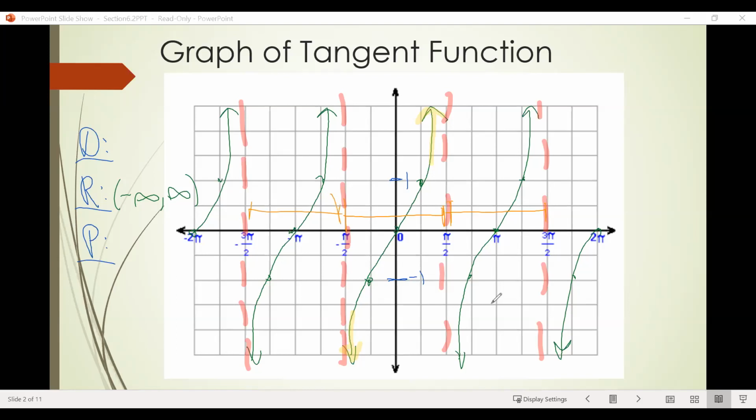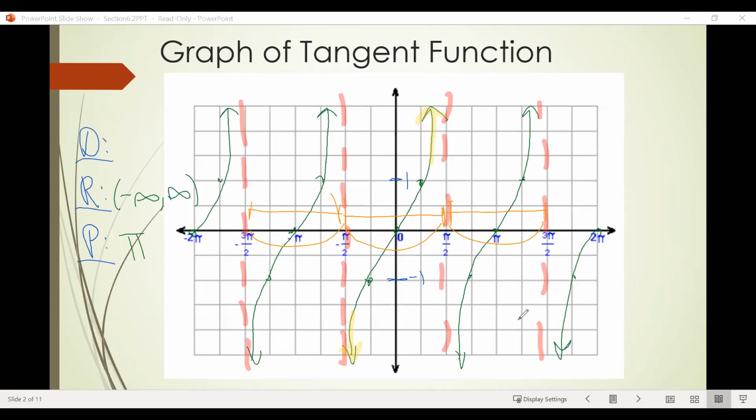And if you look at the distance between those asymptotes, which is basically where that's all happening, notice it's from -3π/2 to -π/2, -π/2 to π/2, π/2 to 3π/2. And hopefully you would agree with me, then, what we're seeing is that that's happening over a distance of pi. So our period for tangent is actually pi, which, recall, is different than sine and cosine. The period for both of those functions was 2π.